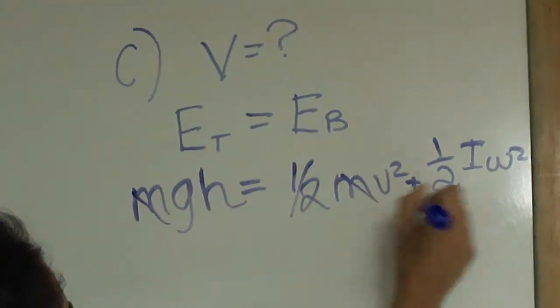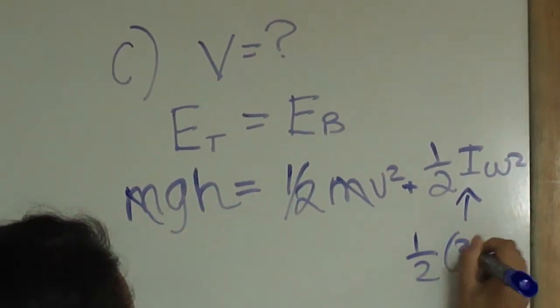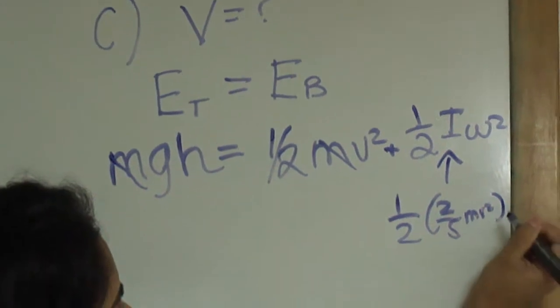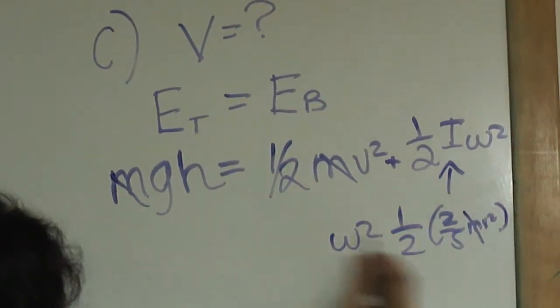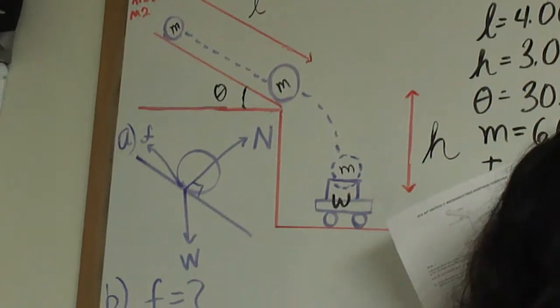So we have this formula, and we simply have to plug things in. We know I is 2/5 mr squared, so we have 1/2 times 2/5 mr squared times omega squared. We can cancel out the m's, and we have g. h in this case is L sine theta, as you can see.